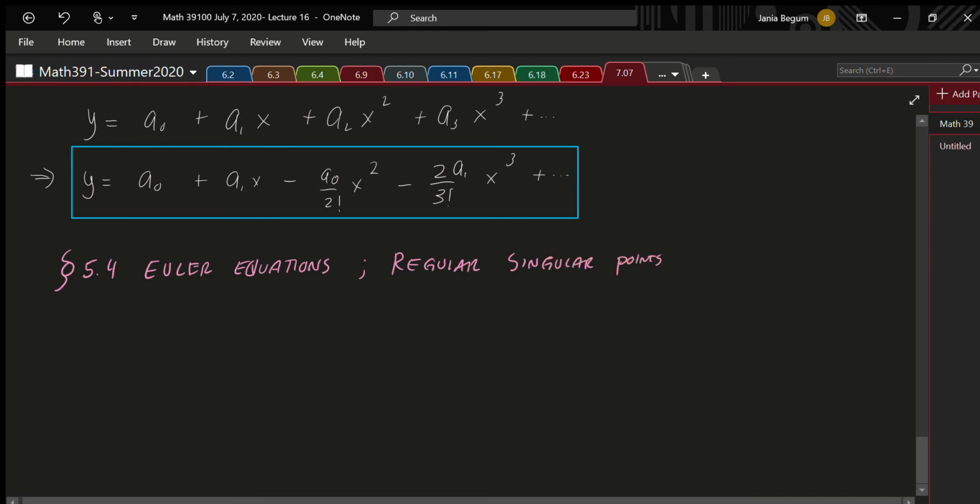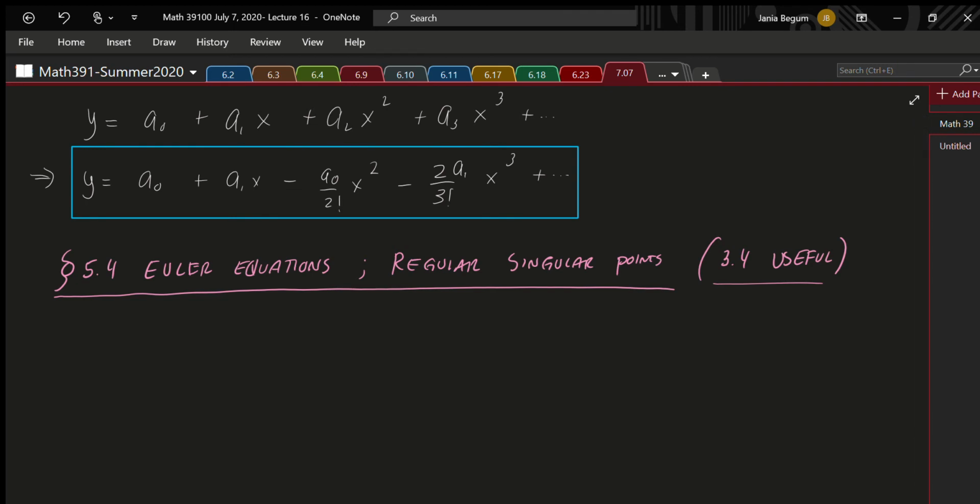Now if you want to do 3.4, that's also useful. Those problems that you couldn't do from 3.4 before, where you label Euler equation, that's a tiny portion of 3.4. You can also do them now after we finish 5.4 because they're related.